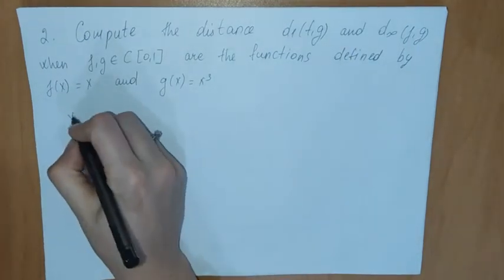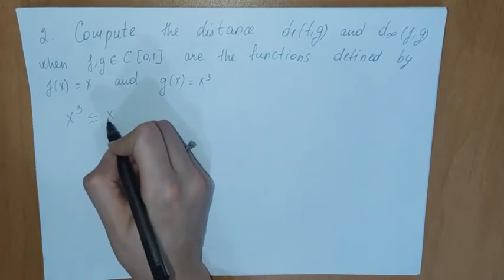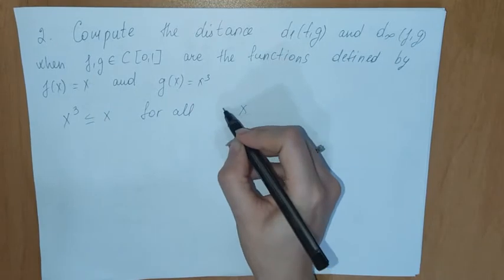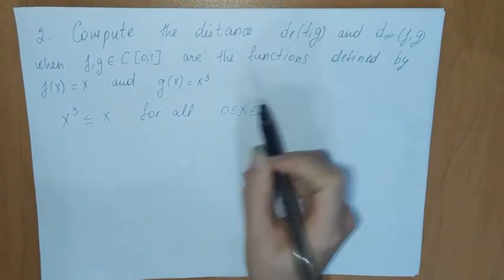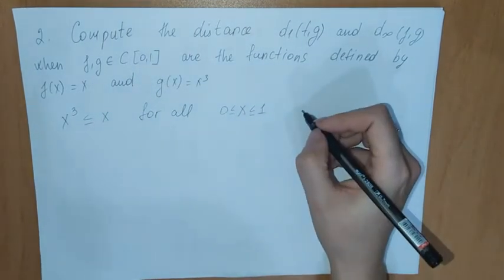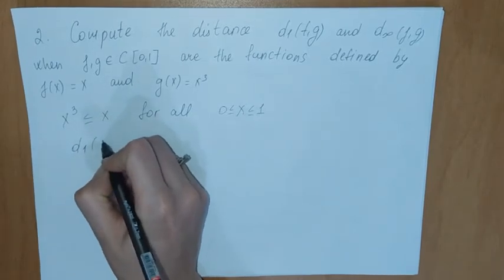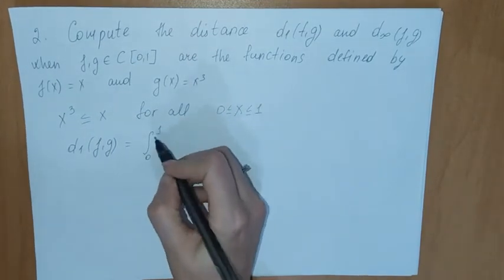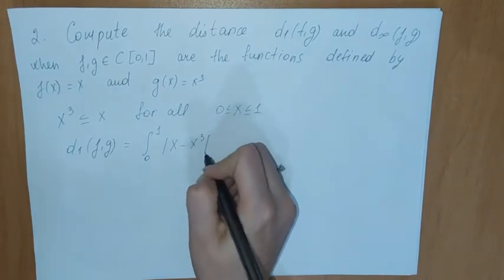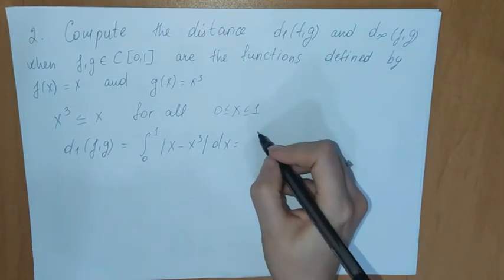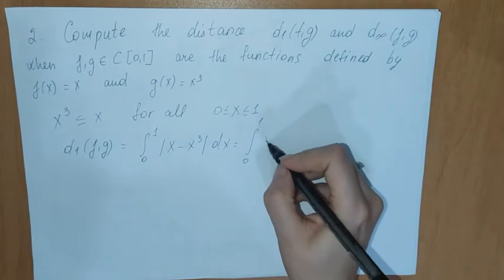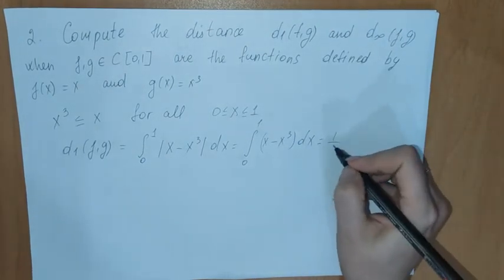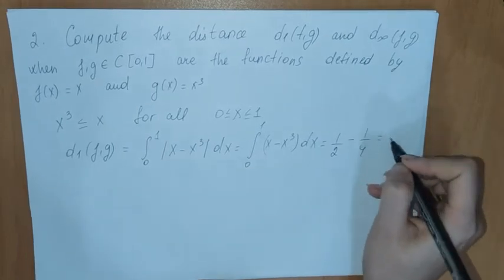One has that x cubed is less than or equal to x for all x between 0 and 1, and this implies that d1(f,g) is equal to the integral from 0 to 1 of x minus x cubed dx, which is 1 over 2 minus 1 over 4, equal to 1 over 4.